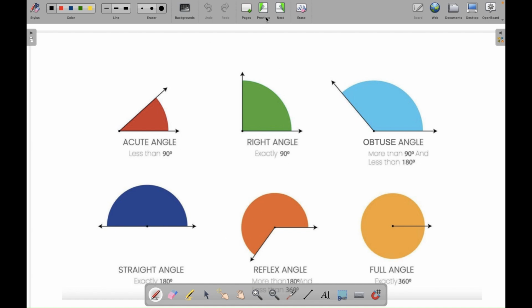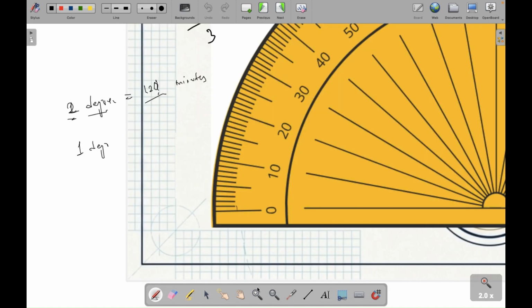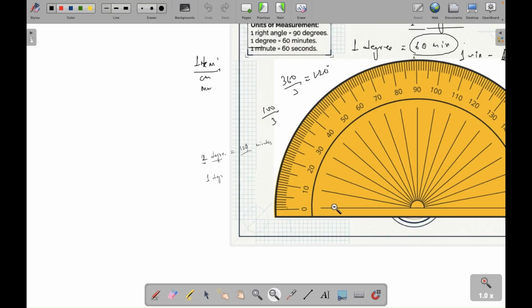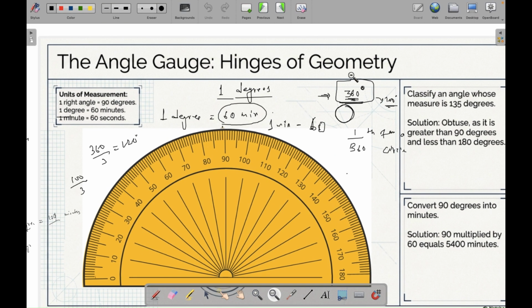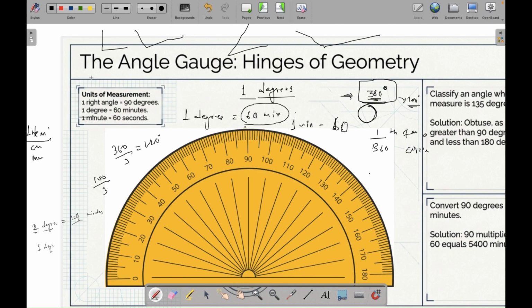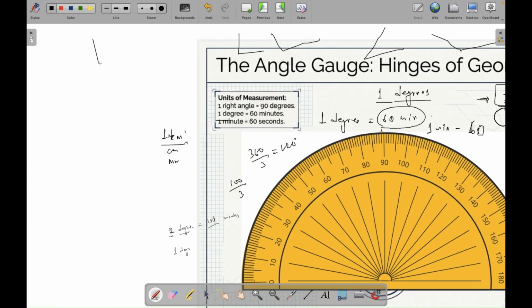Once we have measured the angles using a protractor, we can draw multiple angles. One can be like this, one can be like this. We can join two rays in multiple ways, like this and like this.